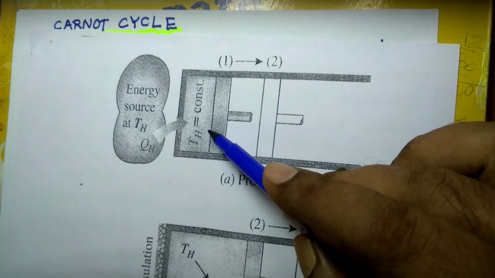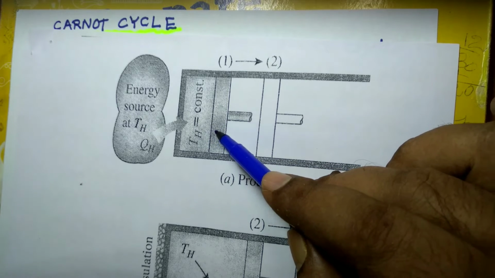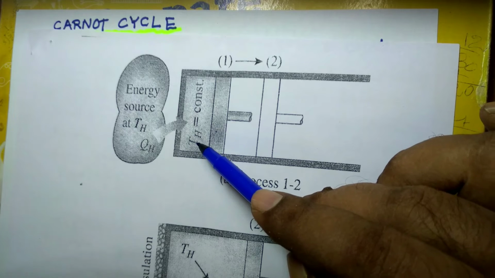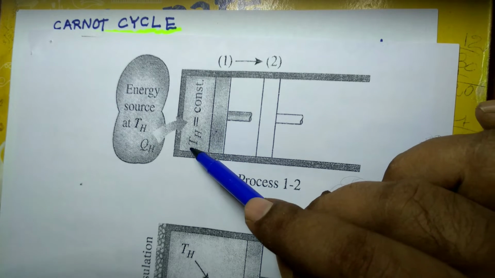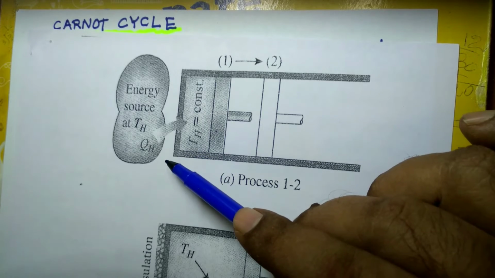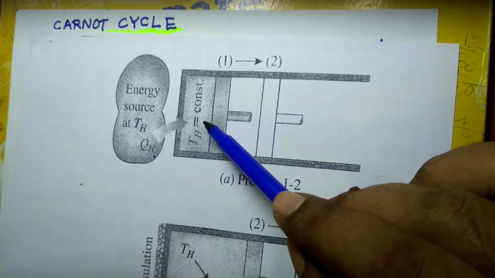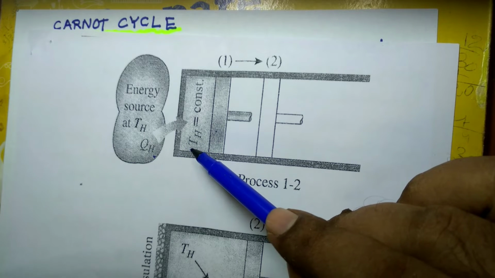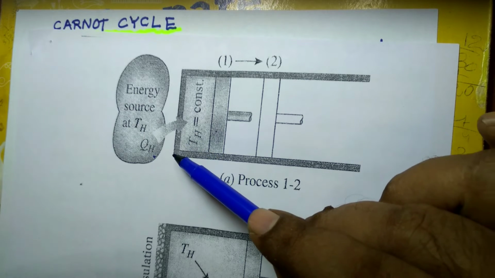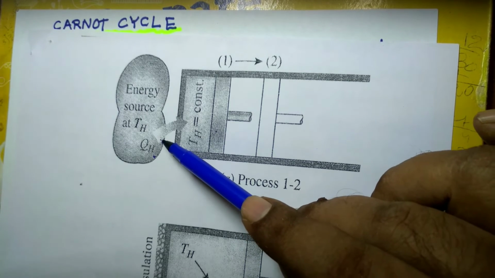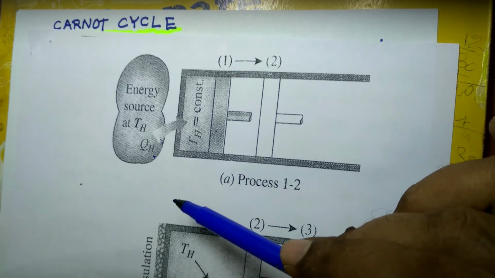Suppose initially the gas is at state 1 and its temperature is Th, and the cylinder head is in close contact. Here the cylinder head is such that it can be removed, and the thermal energy reservoirs can be replaced by insulation also.